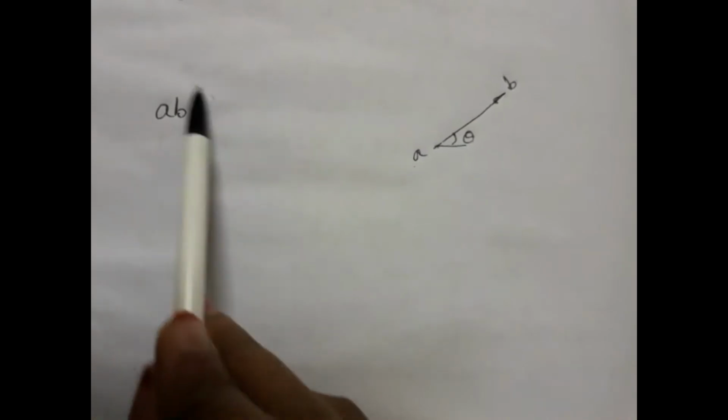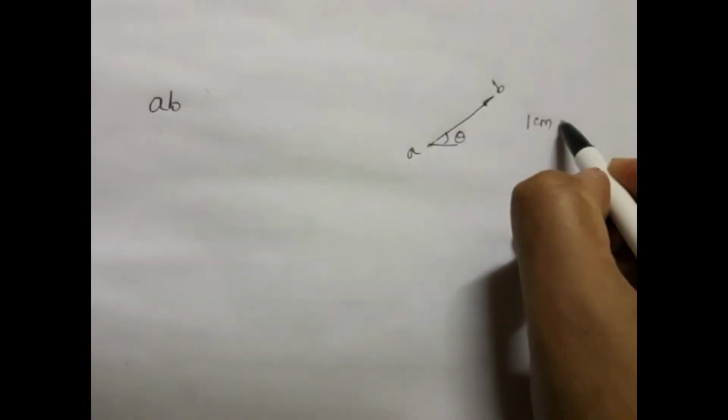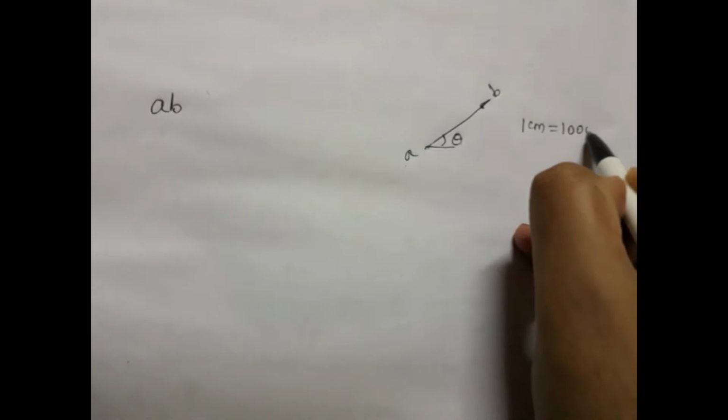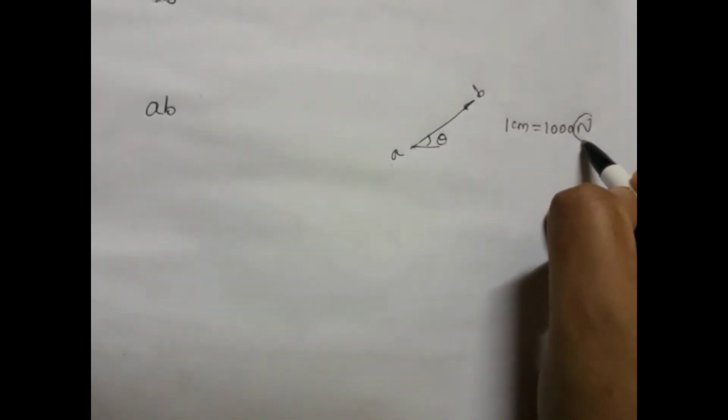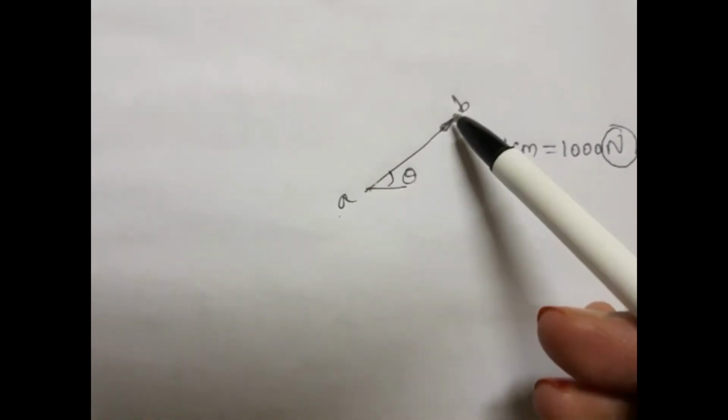If suppose AB is 1000 Newton, I can take a 1 centimeter line. 1 centimeter can be equal to 1000 Newton when it's a force. Or it need not be force, it can be velocity, it can be acceleration, any vector quantity can be drawn to represent direction and magnitude taken to scale.